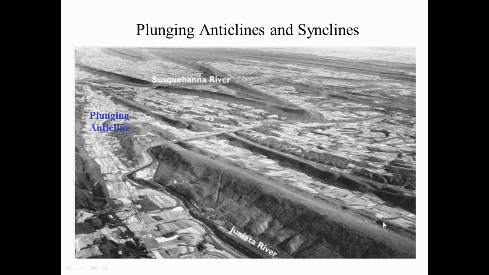So this is the hinge line of that particular plunging anticline, this ridge that follows this mouse arrow. In the background, we have a horseshoe pattern. If you just follow this resistant rock layer towards the right, it bends, wraps around, and goes back in the opposite direction.